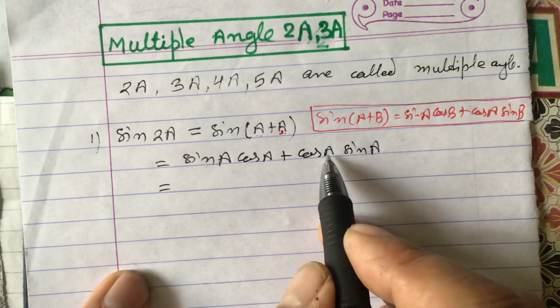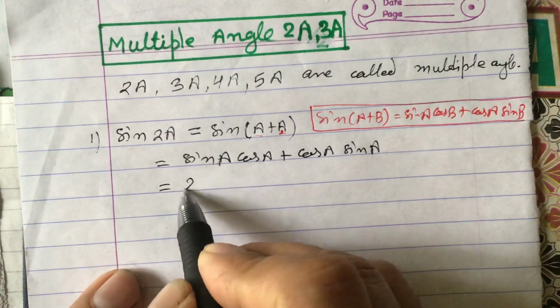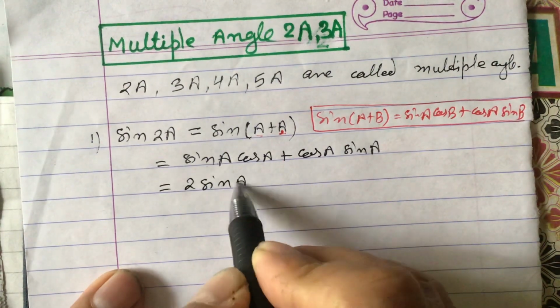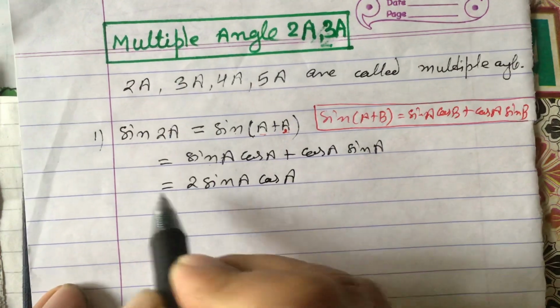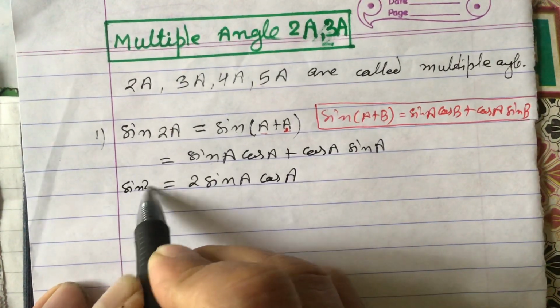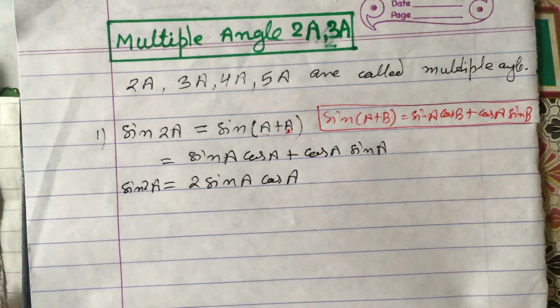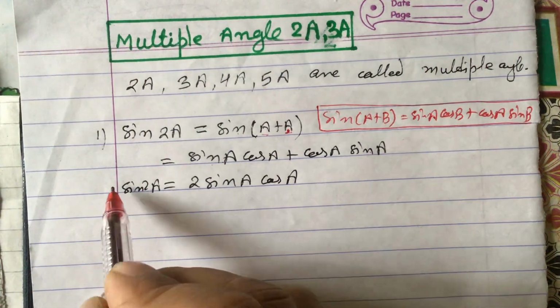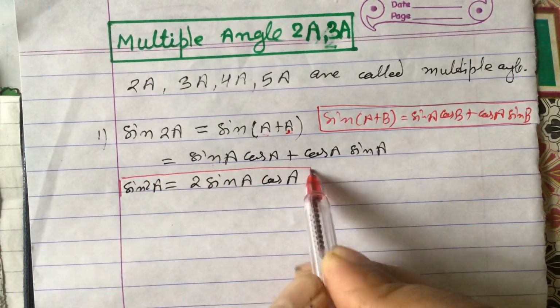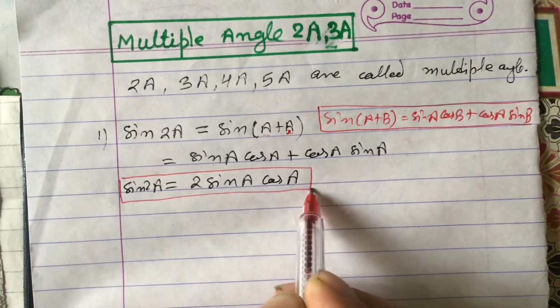If you add them, you will get 2 sine A cos A. This is sine 2A is equal to 2 sine A cos A. This is one of the formulas of sine 2A.